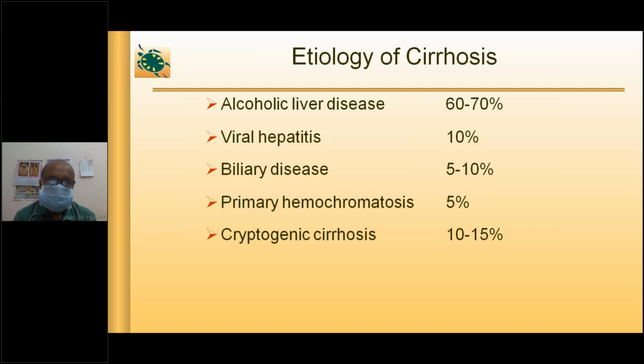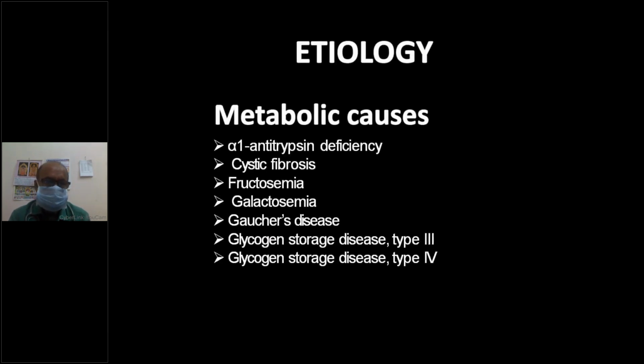Another very common cause is viral hepatitis, particularly hepatitis B and C virus. There are other uncommon causes, but we have to tell them in theory or practicals if asked. Storage disorders, hemochromatosis, and Wilson disease are other causes, other than alcohol and hepatitis B virus, which are the very common causes.